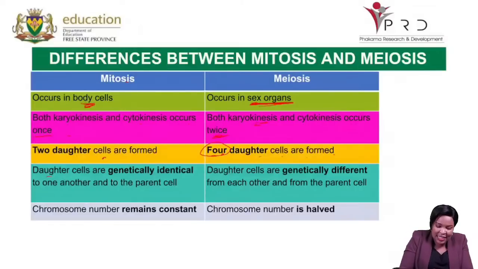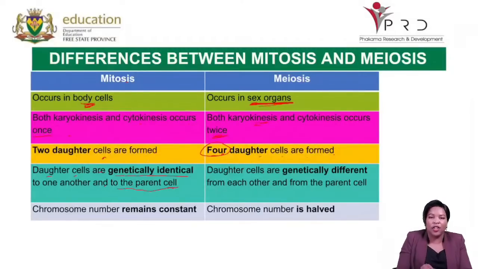And the daughter cells in mitosis are genetically identical to one another and to the parent cell. So everything is the same in mitosis. If you started with 8, the daughter cells will have 8 and the mother cell will have 8. But with meiosis, the daughter cells are genetically different from each other because of variation, and even from the parent.